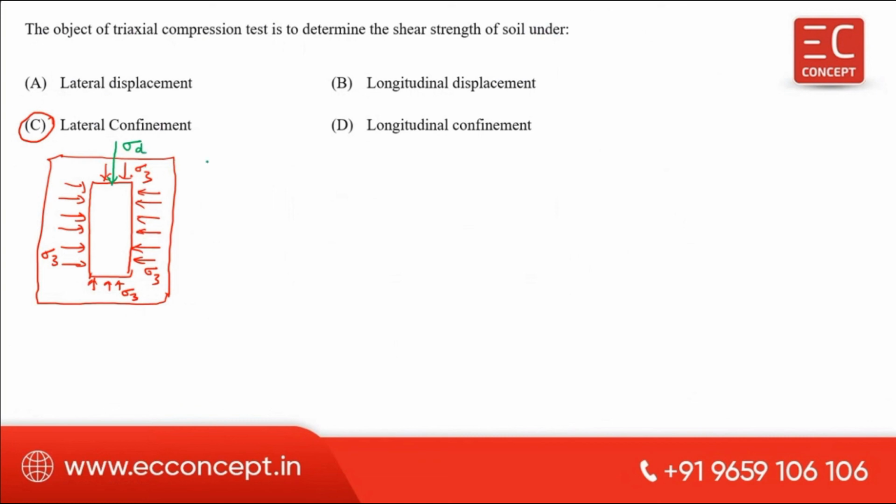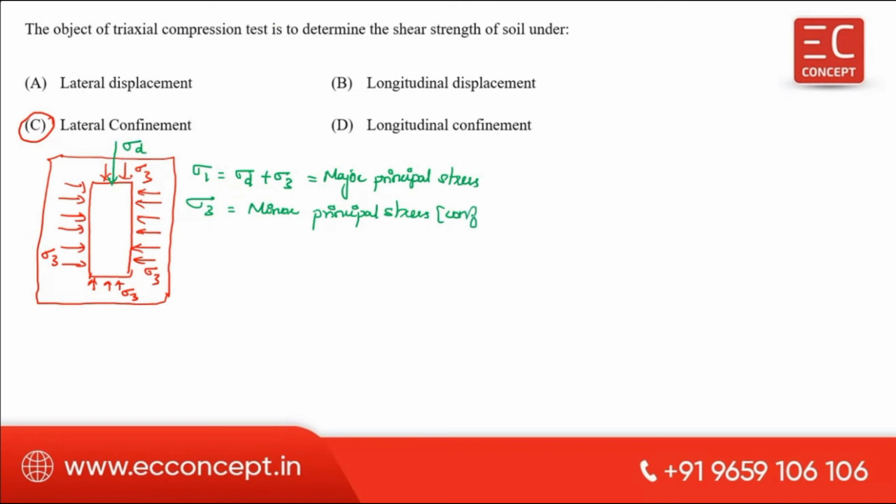Therefore sigma 1 is equal to sigma d plus sigma 3, which is the major principal stress. Sigma 3 is the minor principal stress, or we can say the confining pressure.